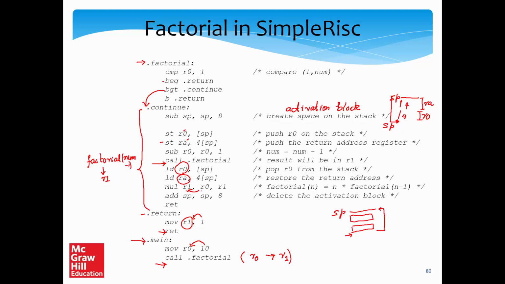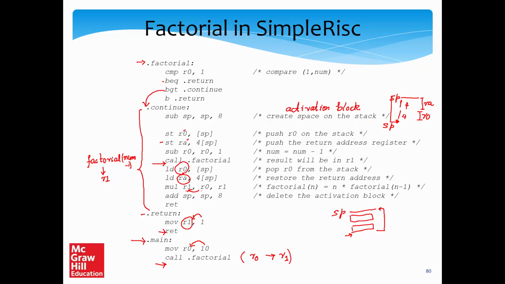So it is easy to prove by any technique that uses mathematical induction that this program will always work. In the sense, every copy of the factorial function saves the result in R1. So the base case at the dot return label saves the result in R1, and even the recursive case saves the result in R1.